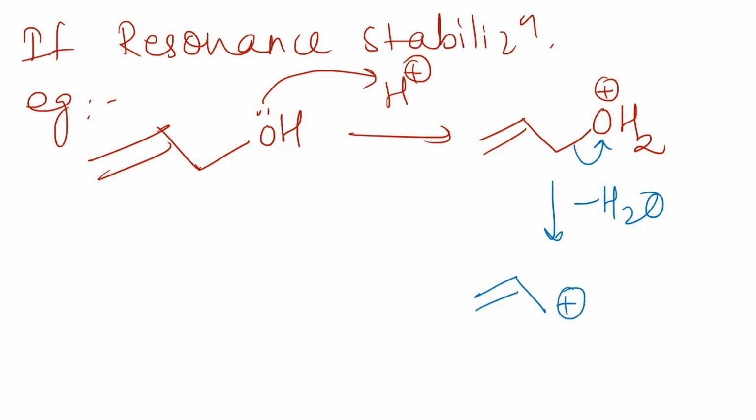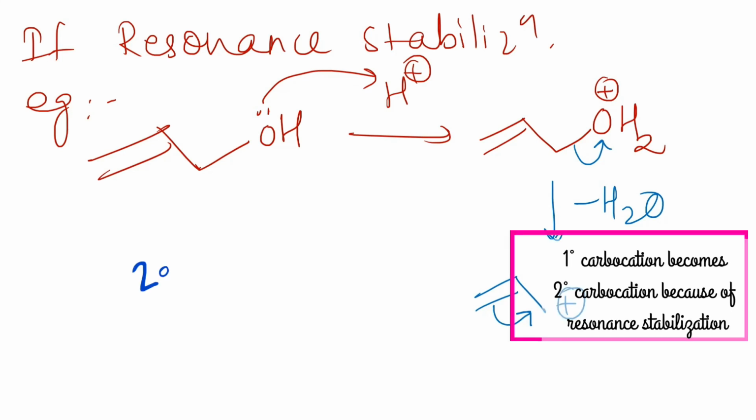So this is a primary carbocation, right? But what is happening? Because of this pi bond over here, the pi electrons, the charge can be shifted, and thus I say that this is a secondary carbocation because of the resonance stabilization.